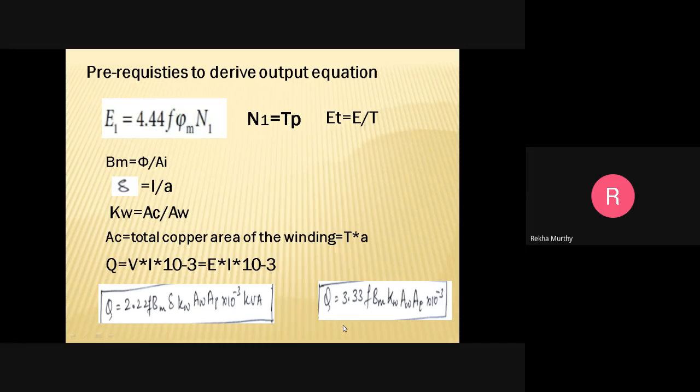It is there. Density is there. All of you can insert it. Then anything else? 3.33 and 2.22. Anything else which is different? Oh, frequency, F. That's all.